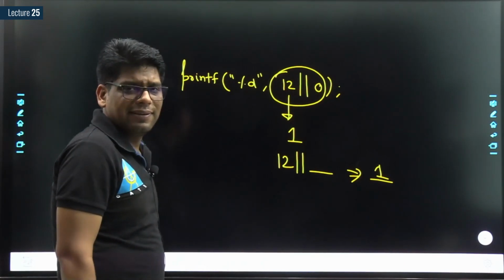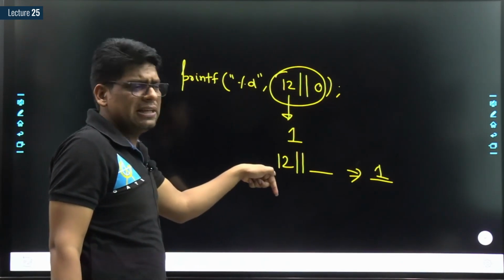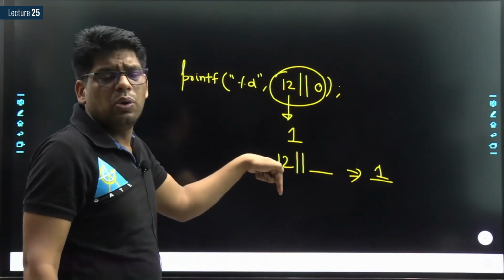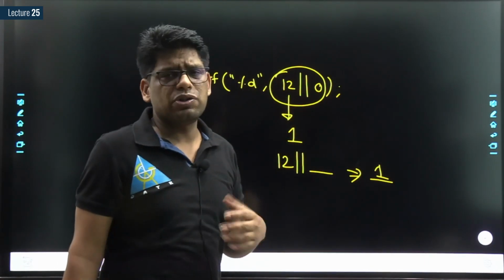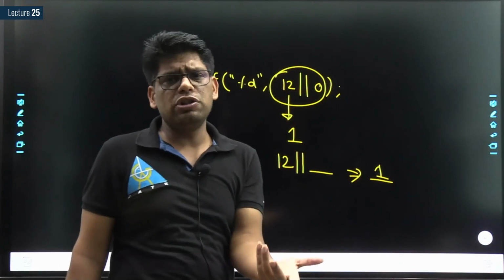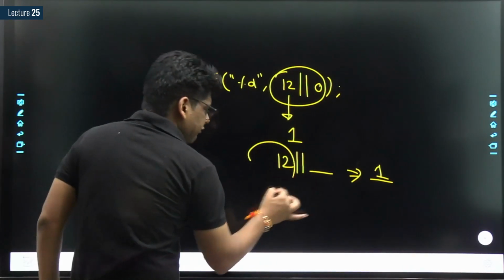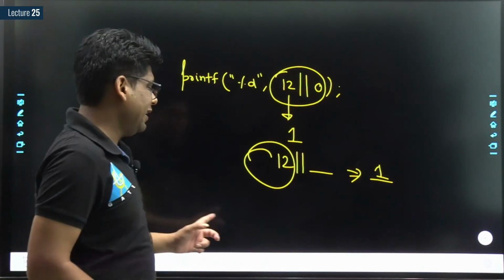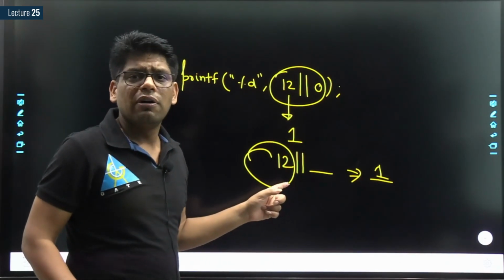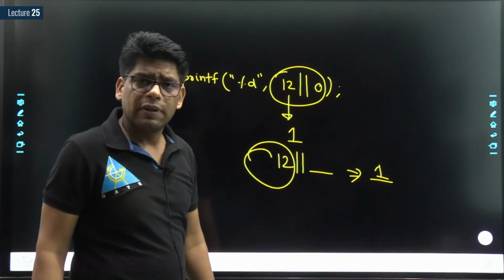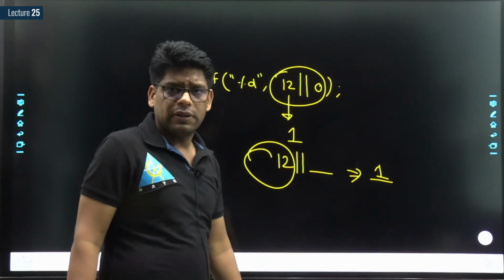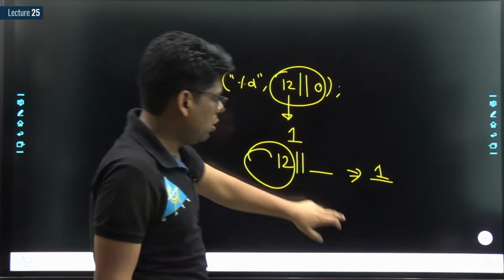Why? Because if the first one is non-zero, why should I evaluate the second one? Because the OR operator says at least one of them is non-zero, and by looking at the first operand, the compiler gets to know at least one of them is non-zero. Why should I check the second one? So that's the short circuit property for OR.